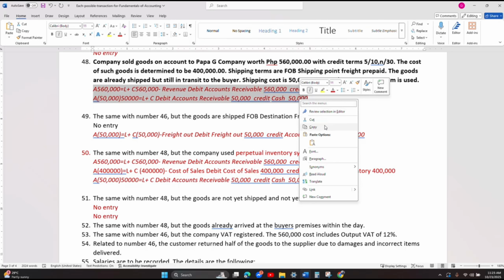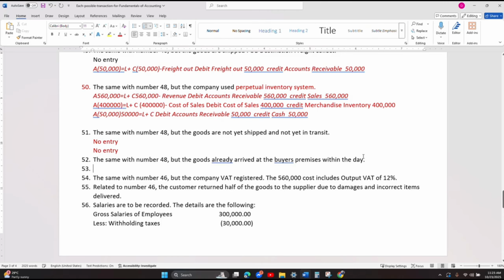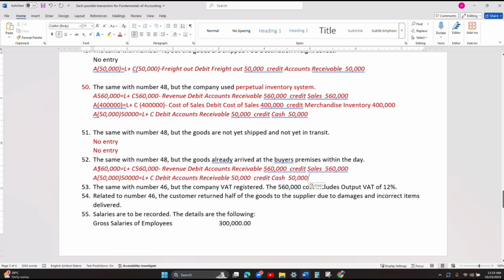Especially that the goods have already reached the buyer's premises, you would recognize assets at 560,000 accounts receivable, because the customer did not pay yet according to number 52. And then we have to credit 560,000 for the revenue or sales. So the entry is debit accounts receivable 560,000 and credit sales 560,000.